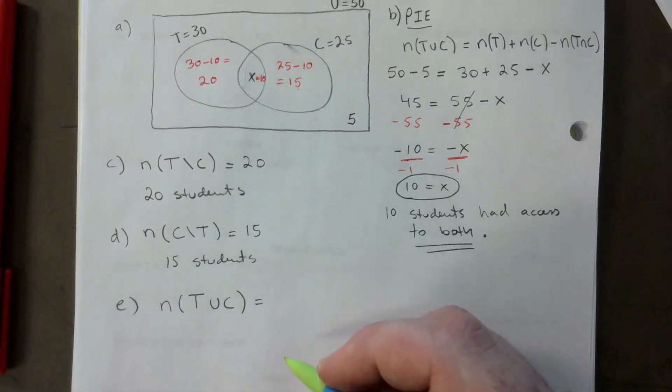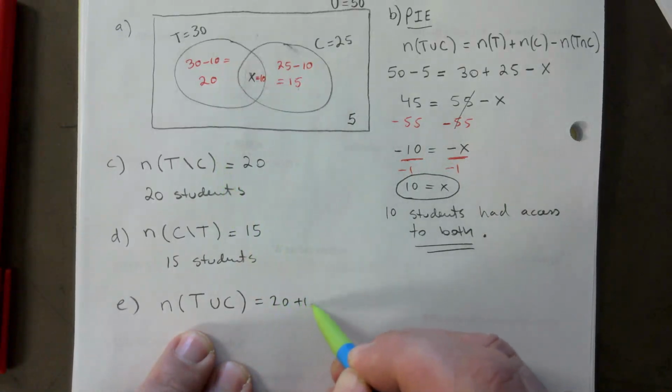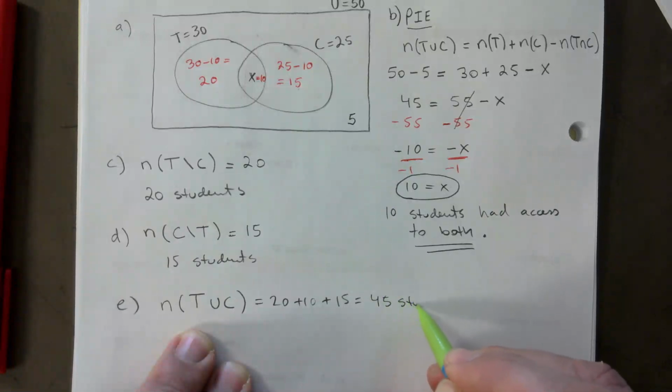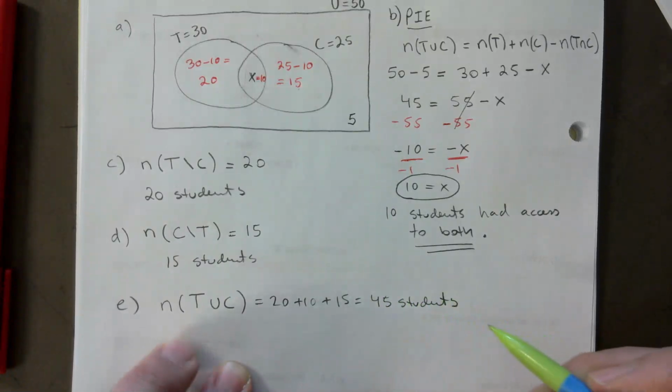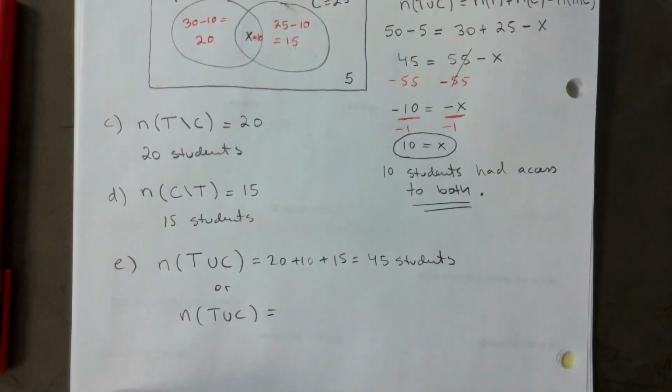There are several ways of answering this. You just go ahead and go 20 plus 10 plus 15. That would be 45. Or, how else can you answer that?